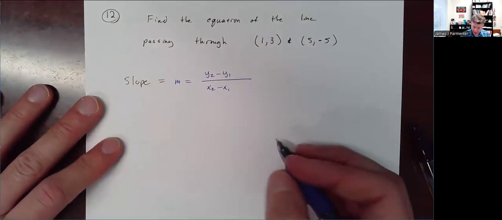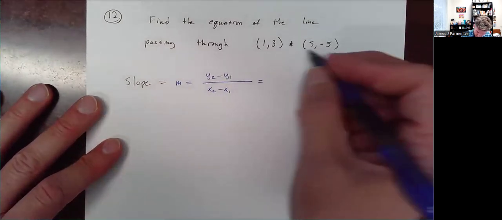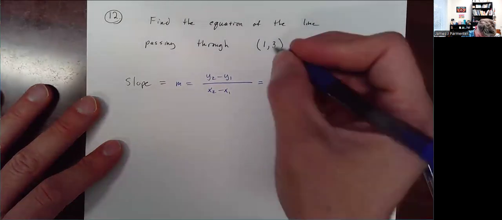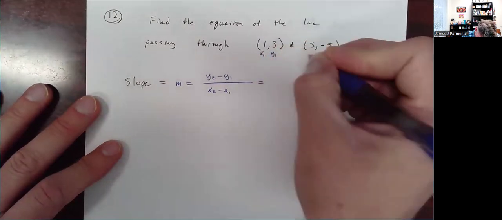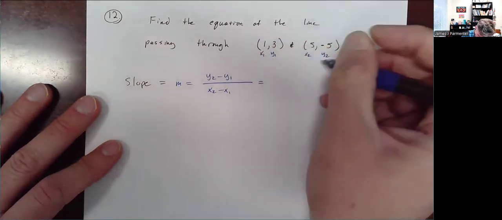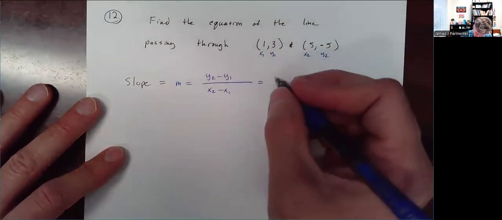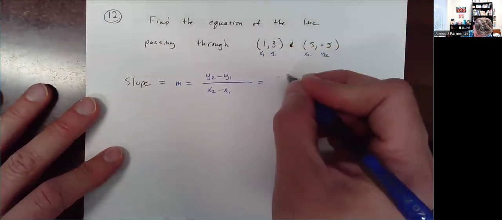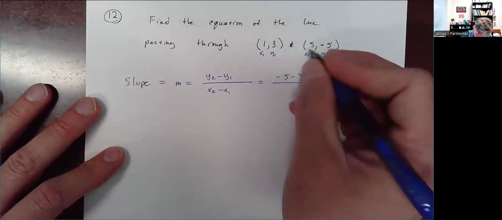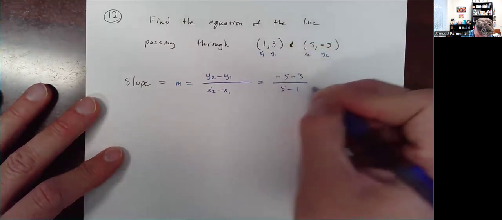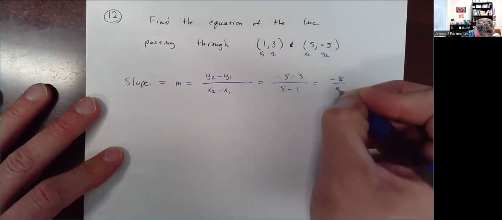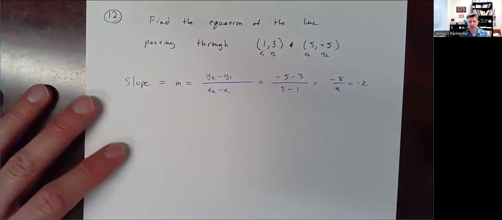So I can find the slope here by either calculating, and again, this is x1, y1, this is x2, y2, -5 minus 3 divided by 5 minus 1, which is -8 divided by 4, which is -2. But it actually doesn't matter which order you're subtracting.